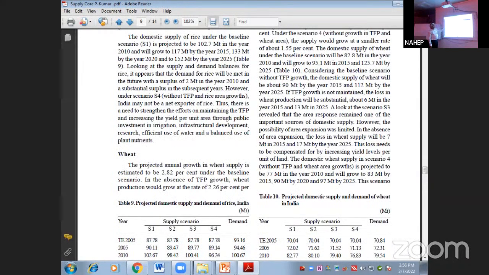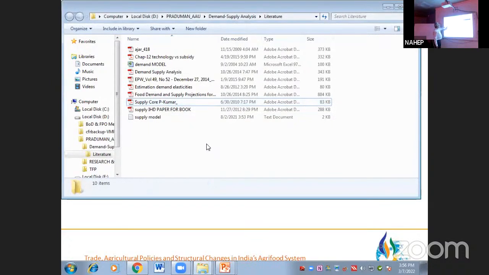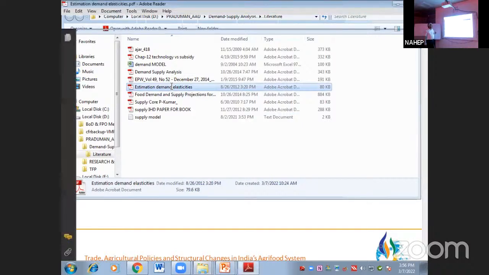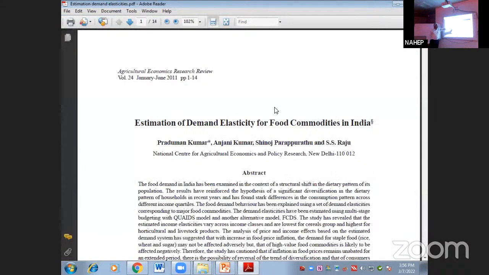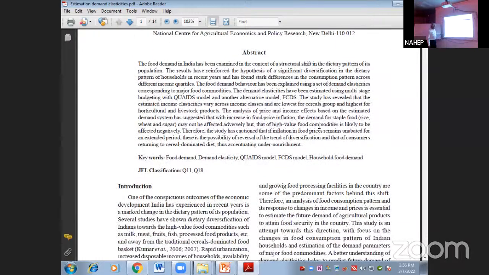Now, next paper. Which one? This is cost of cultivation. Then you go to the demand system. This one. Yeah. Estimation of demand elasticity. This is the estimation of demand elasticity for food commodities. And then we estimated with 2 methods: the food characteristic demand system and the quadratic almost ideal demand system.